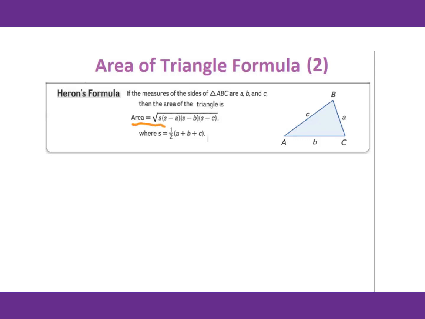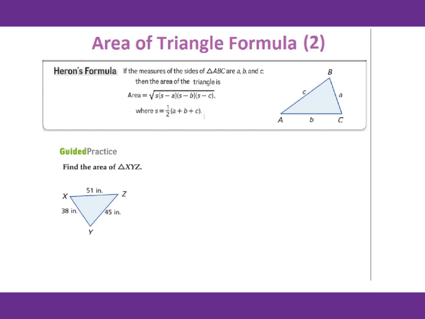If you are given the sides of a triangle, we have another formula for the area of a triangle. That is this formula, where S equals 1/2 (A plus B plus C). Let's go to this example. We got the 3 sides of this triangle. Then we need to figure out the area. First of all, we need to figure out this S. That is 1/2 times (51 plus 38 plus 45).